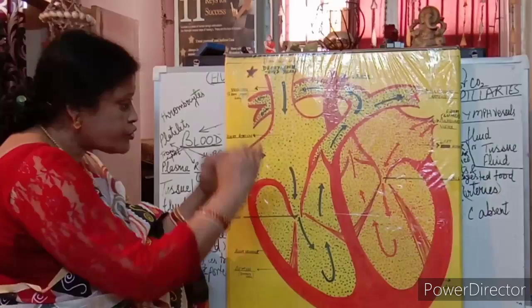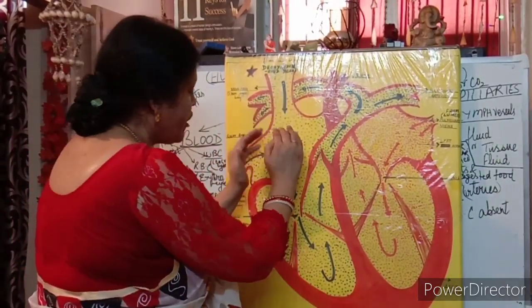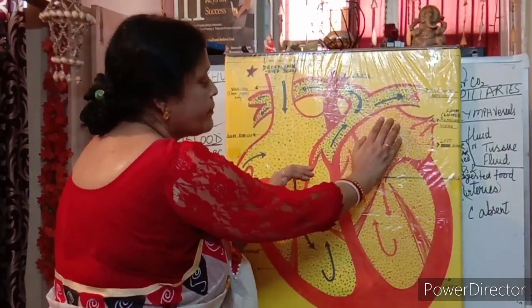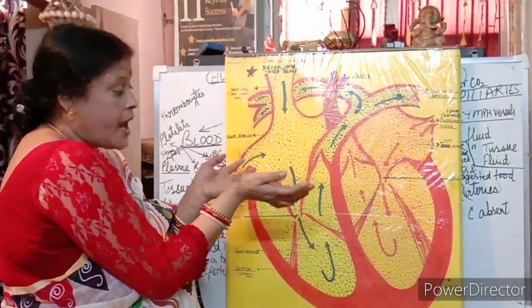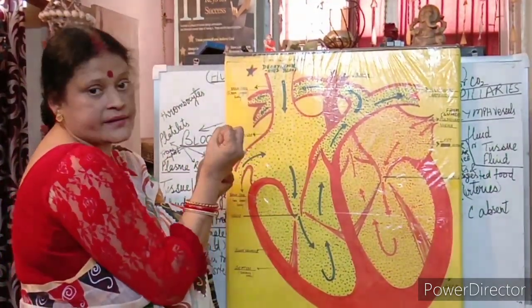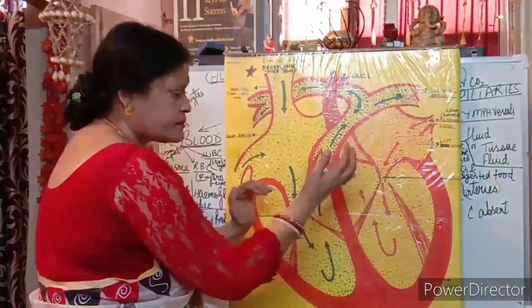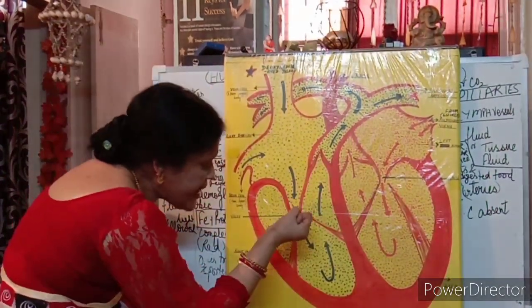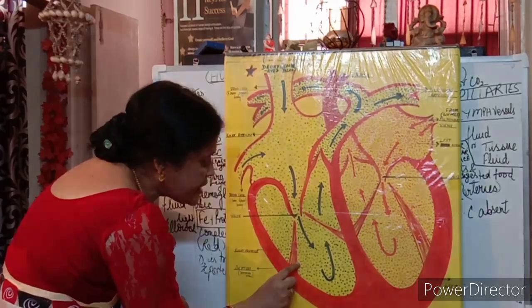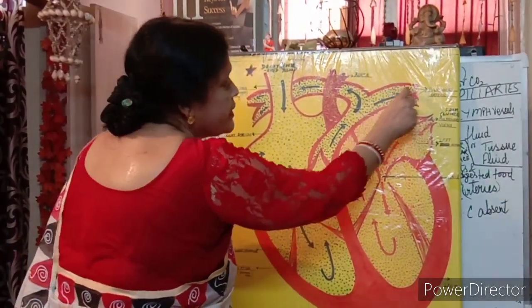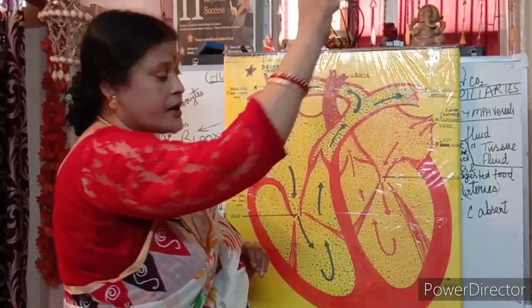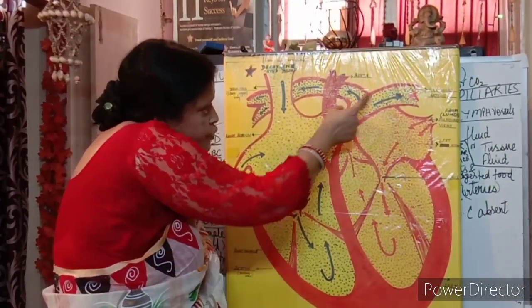Next point, due to pressure, the blood from atrium enters to ventricle, from left atrium to left ventricle, and the valves get closed. Now the heart contracts. Relaxation, contraction. Due to contraction, the deoxygenated blood from right ventricle rushes to the lungs through pulmonary artery. See, deoxygenated blood through artery.